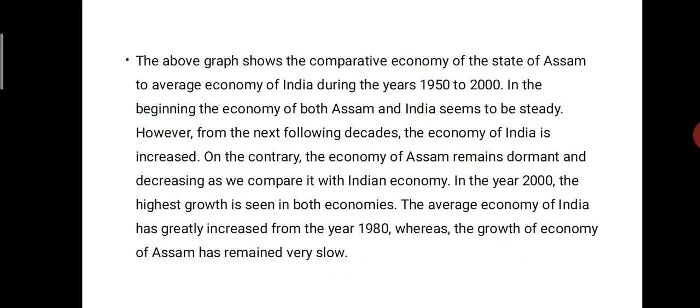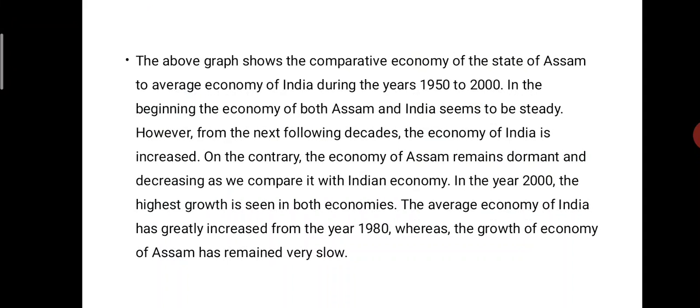The above graph shows the comparative economy of the state of Assam to the average economy of India during the years 1950 to 2000. In the beginning, the economy of both Assam and India seems to be steady. However, in the following decades, the economy of India increased.